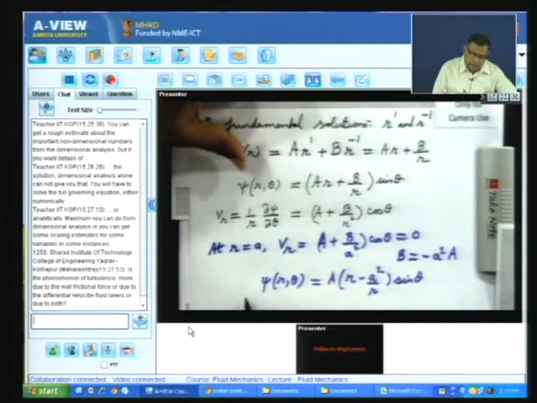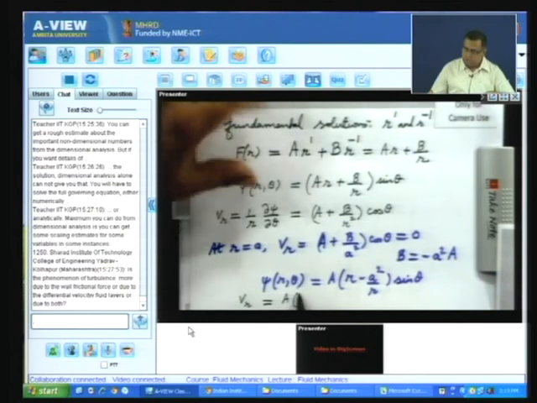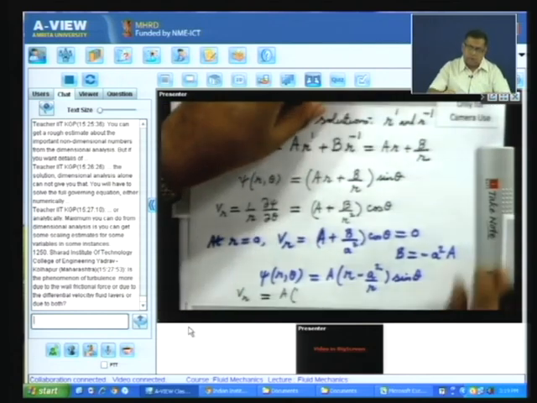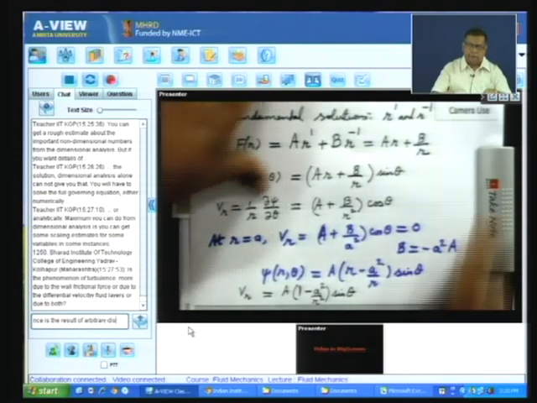Now, V r will be A into, you have to divide by r and differentiate with respect to theta, 1 minus a squared by r squared, cos theta. You can see that if I put r equal to a, a by r is 1. So, a by r whole squared will be 1 squared. So, 1 minus 1 is 0, and it satisfies the no penetration boundary condition. Now, take the limit as r goes to infinity.